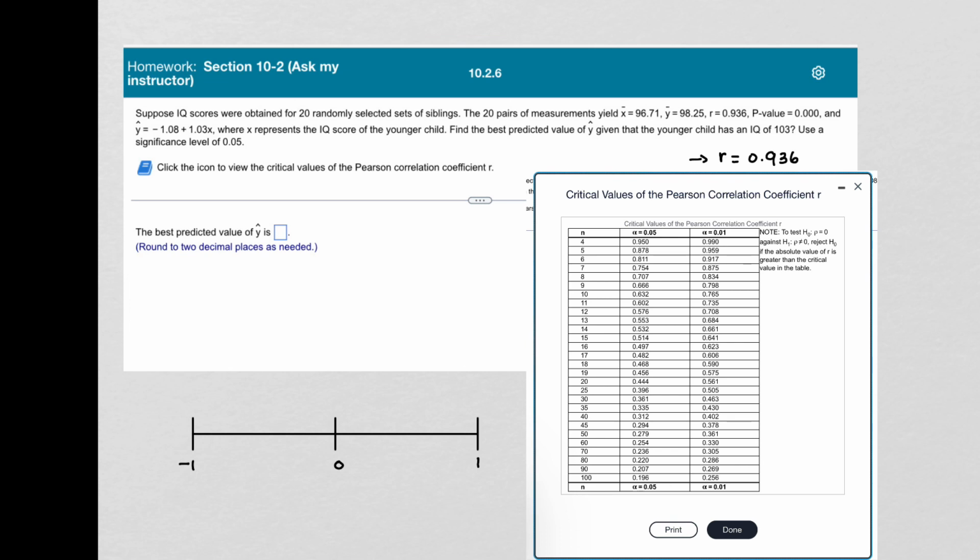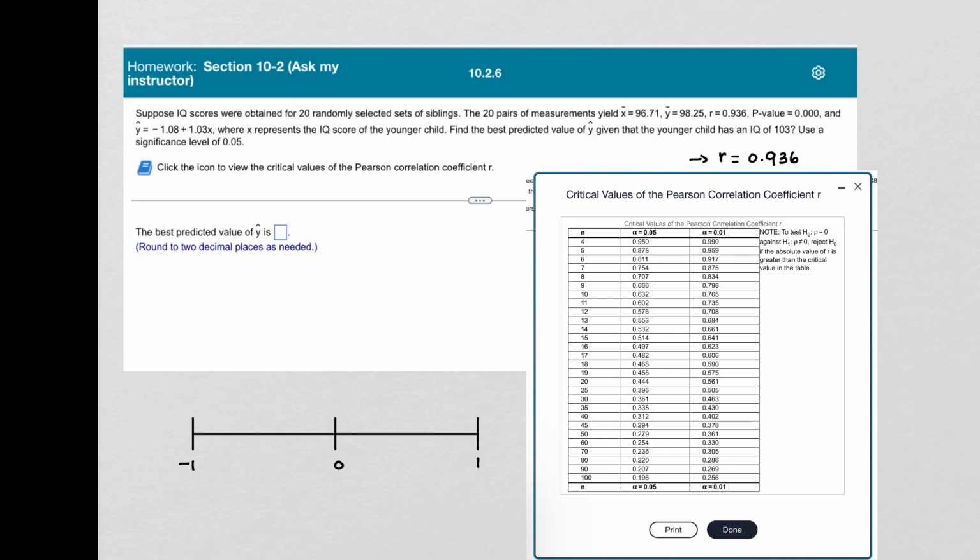And we had 20 pairs of values, and our significance level is 0.05. So I look up 20, and I'm looking at the value for alpha equals 0.05, and that gives me 0.444.